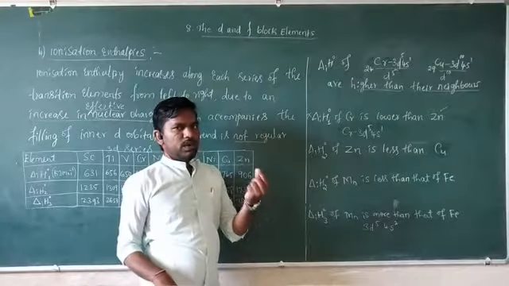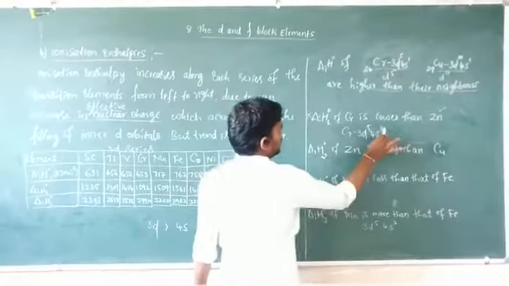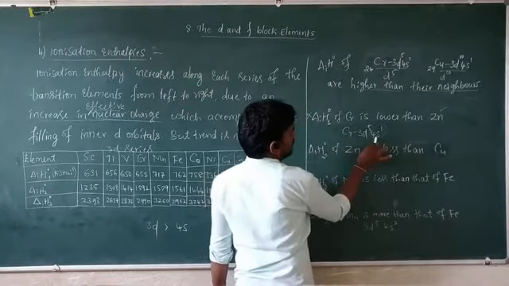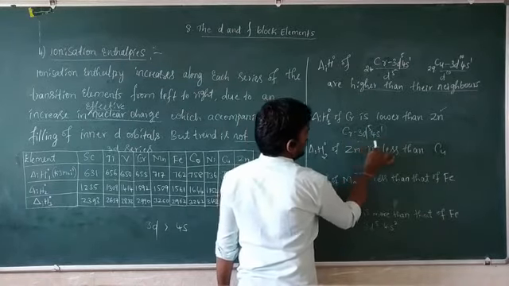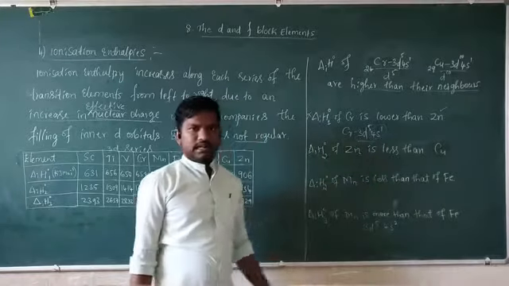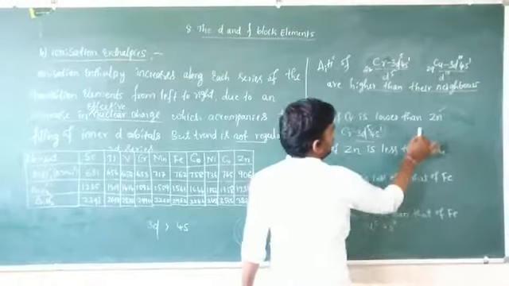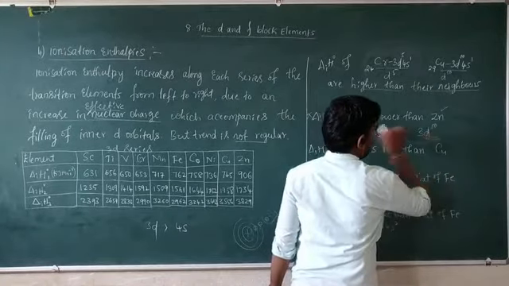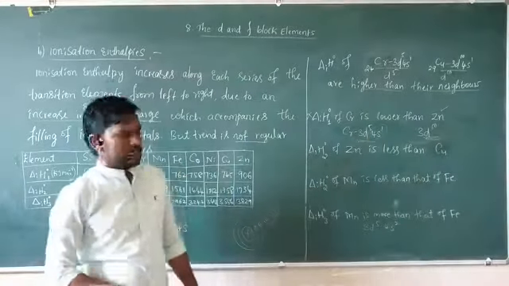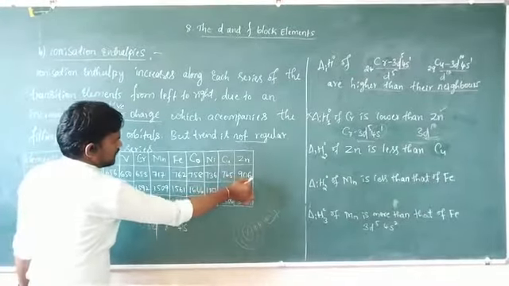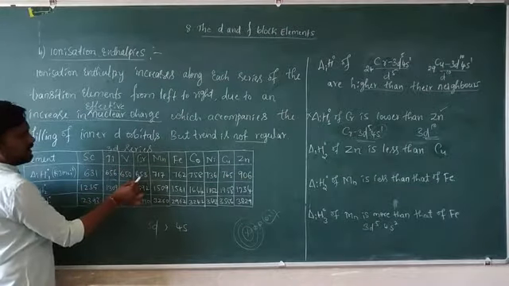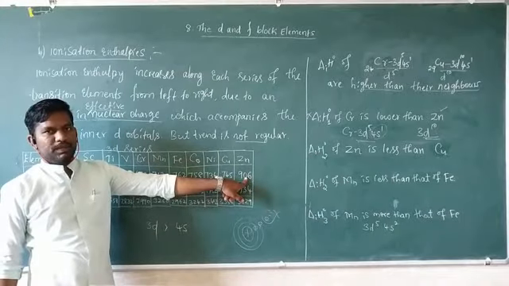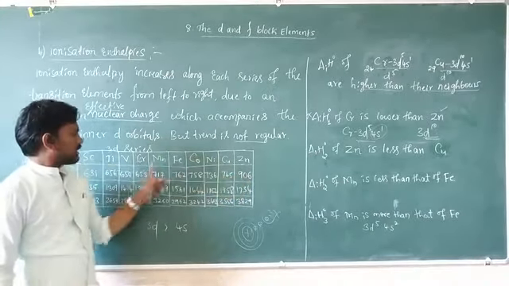If we remove one electron, the first ionization enthalpy, it forms a 3d5 configuration. For zinc, removal forms 3d10, which has a higher ionization enthalpy value. Zinc has 906 and chromium has 652. Zinc has a higher ionization enthalpy compared to chromium.